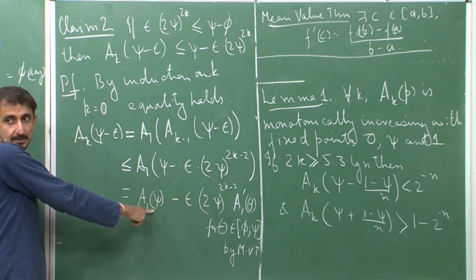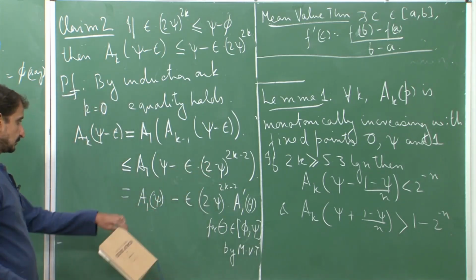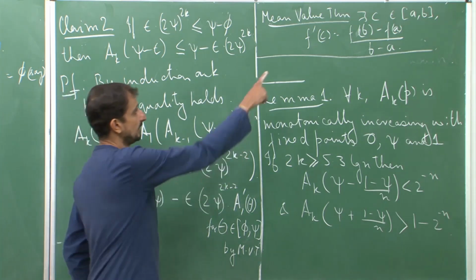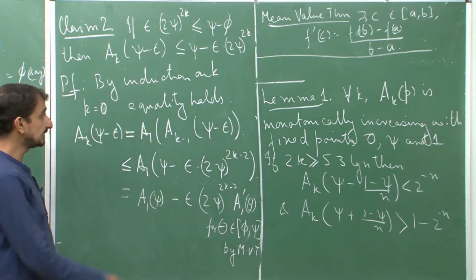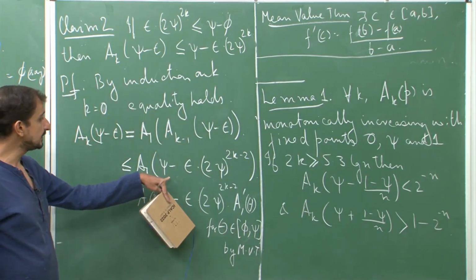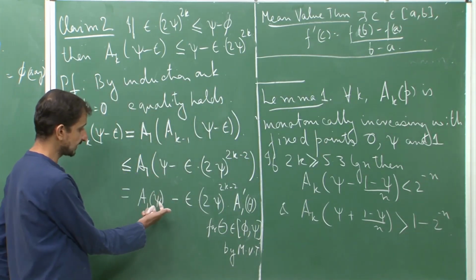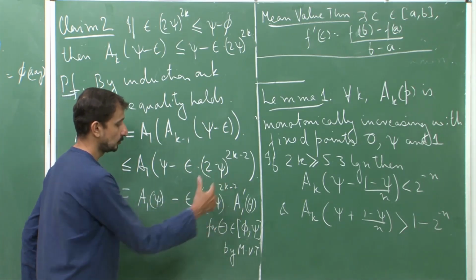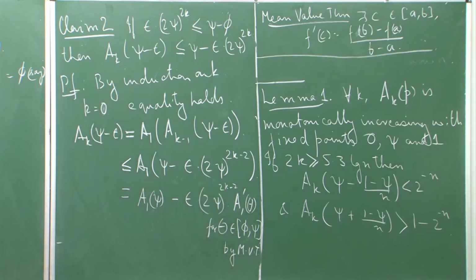So, f of b minus f of a is nothing but f prime of c times b minus a. And what is b minus a here? b is psi, so psi minus this quantity is nothing but epsilon times 2 psi to the power 2k minus 2.